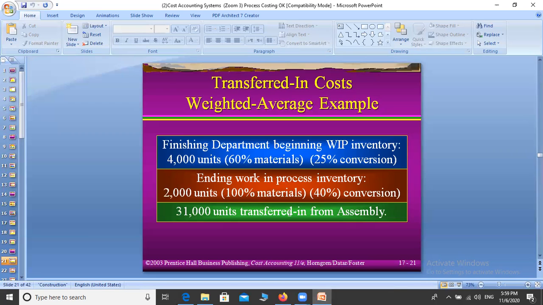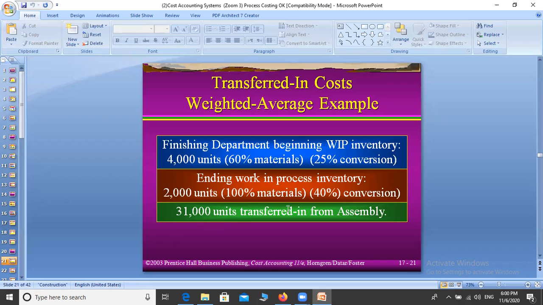Now, remember well that the transferred in cost regarding the beginning work in process is 100%. Then material 60%, conversion cost 25%. Regarding ending work in process, material 100%, also transferred in cost 100%, and conversion cost 40%.